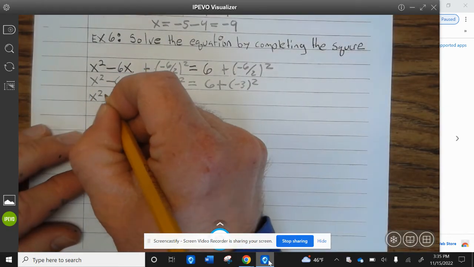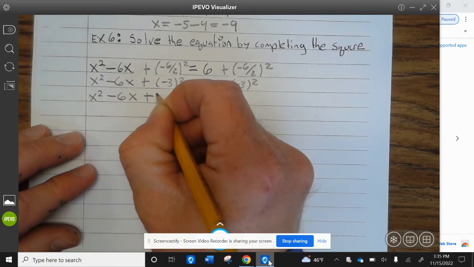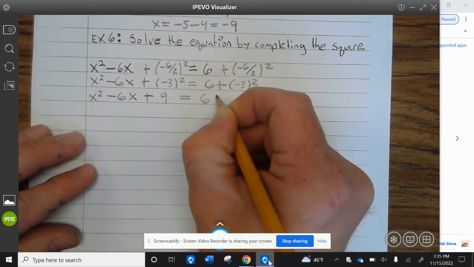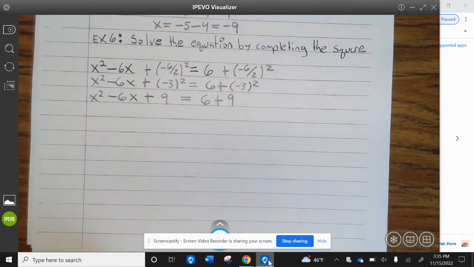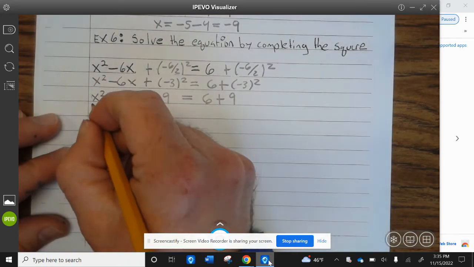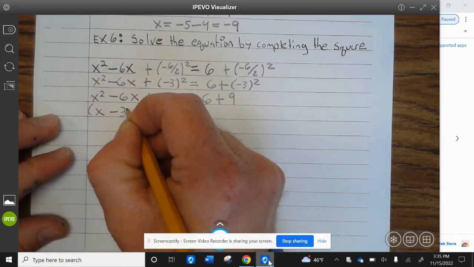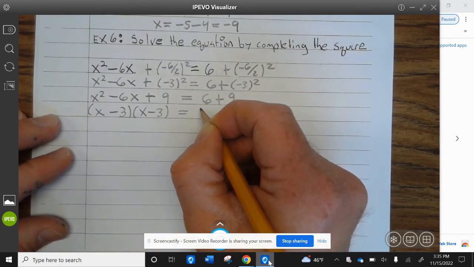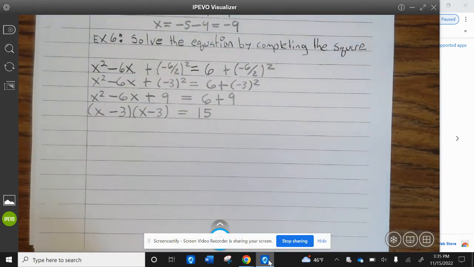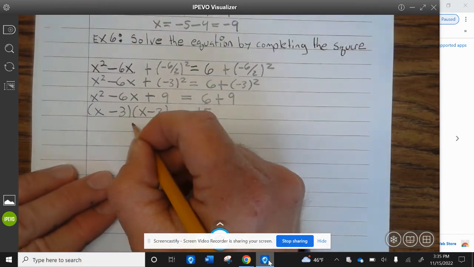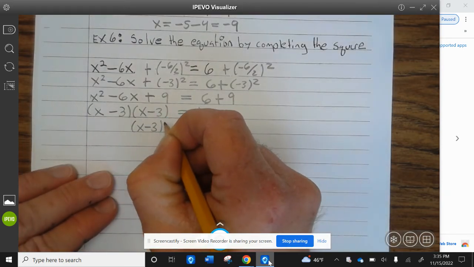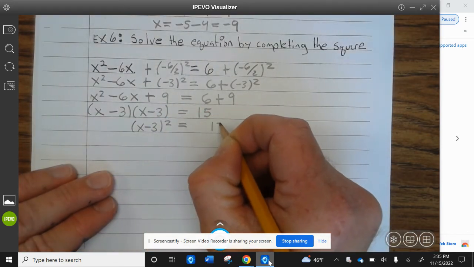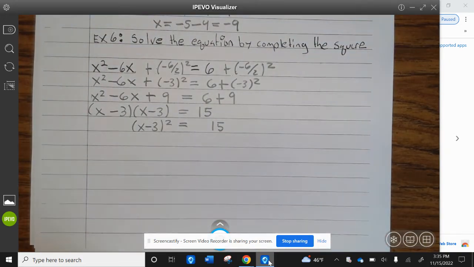So that's x squared minus 6x plus 9 equals 6 plus 9. This can be written as x minus 3 times x minus 3 equals 15. Well, that can be written as x minus 3 squared equals 15.